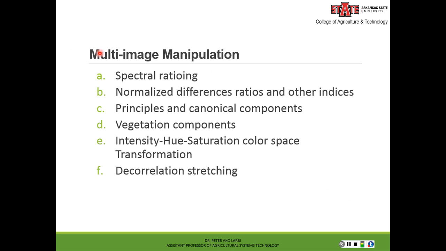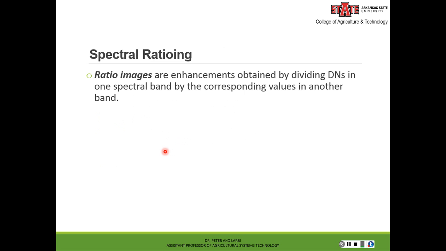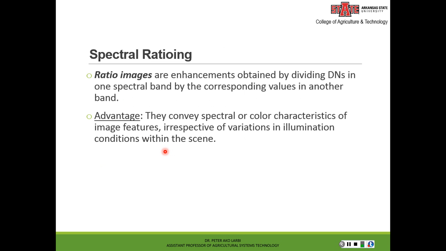We have multi-image manipulation. These are the different operations under that: spectral ratio, and we have simple ratios, and we also have normalized differential ratios. We would look at these two, and then we will not look at the rest. Ratio images are basically enhancements obtained by dividing the digital numbers or the pixel values in one spectral band by the corresponding pixel values in another band.